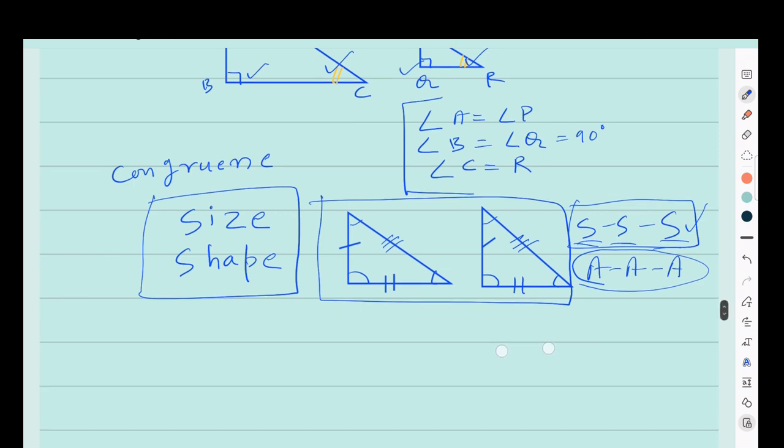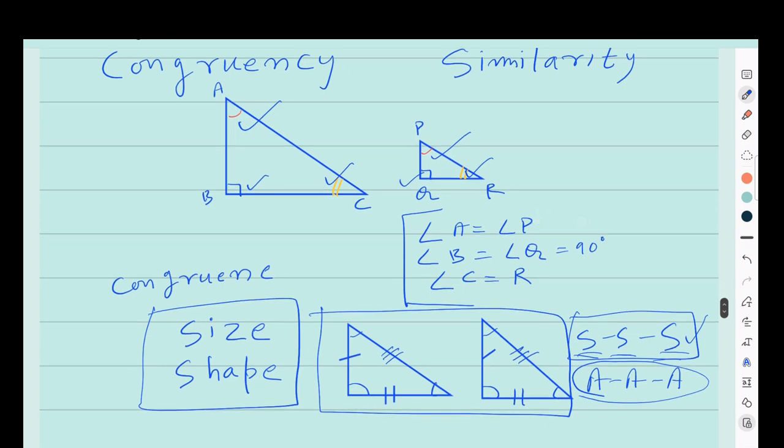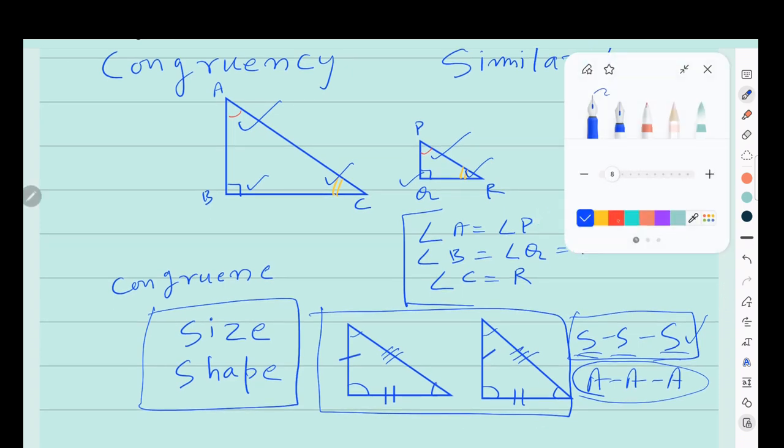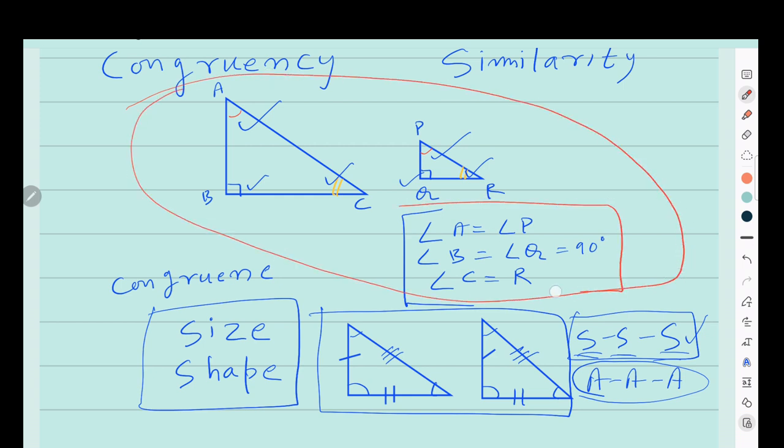But just now we have also seen the similarity principle. The similarity condition for any triangle is that when all the corresponding angles are the same, then the shape is the same. Size may not be the same, but the shape is the same.